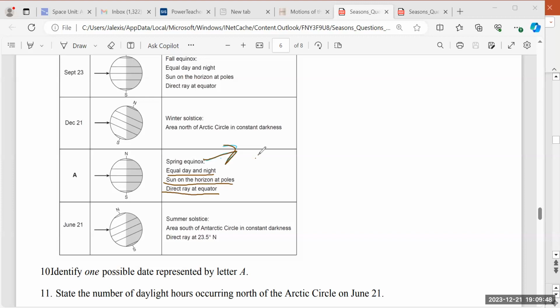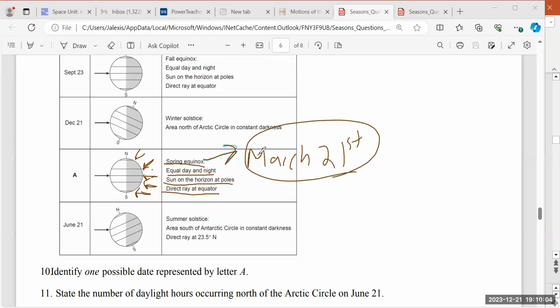Every latitude is given the same amount of daylight hours, right? So we know it's an equinox date. Which equinox? Spring equinox. When is the spring equinox, according to your notes? March 21st. That's the correct answer for choice A, for number 10.